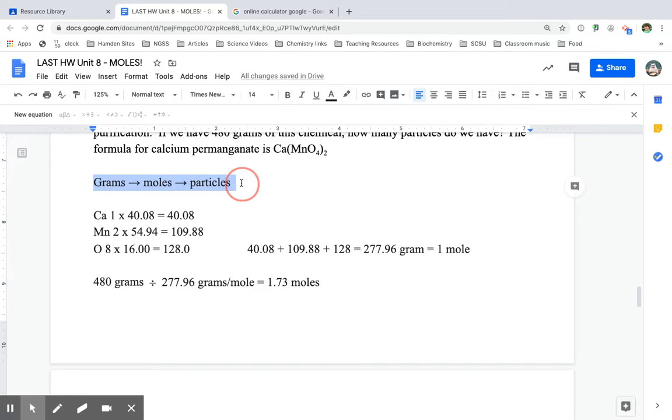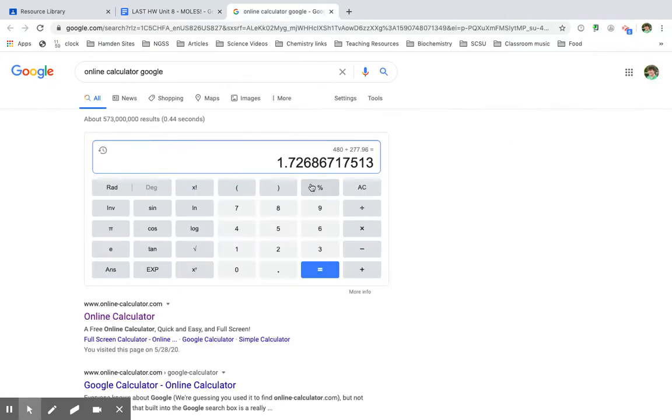All right, so we've gone from grams to moles. Now we're going from moles to particles. And that 1.73 moles, right? Every 1 mole has 6.02 times 10 to the 23rd particles. So times 6.02 times 10 to the 23rd particles per 1 mole. So that means now I need to take 1.73 moles times Avogadro's number. 1.73 moles times 6.02 times 10 to the 23rd.